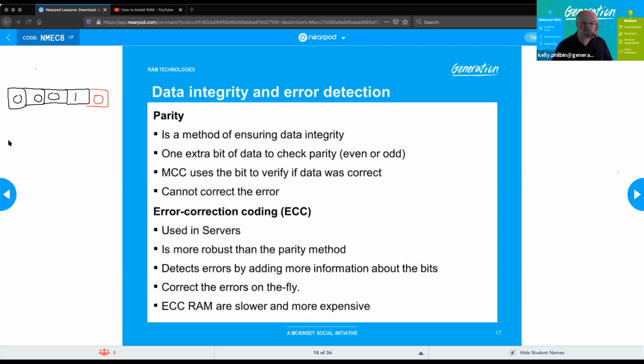All right, so we're making it a little harder here. It's not going to be fully accurate, but we're going to make it 6 bits.